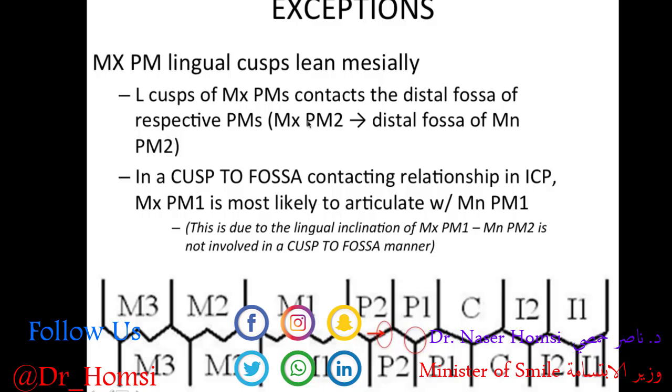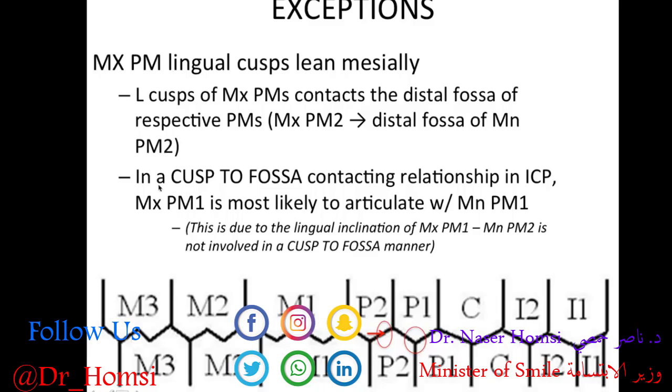So for example, the maxillary second premolar, that lingual cusp is going to occlude with the distal fossa of the mandibular second premolar. Remember it's leaning kind of mesially, so it's going to occlude with the premolar below it in the distal fossa. If we come here to the first premolar, that lingual cusp is pushed to the mesial a little bit, so it's going to occlude with the distal fossa of the first premolar. It's not going to occlude with the marginal ridges, so make sure that you don't get confused about that.